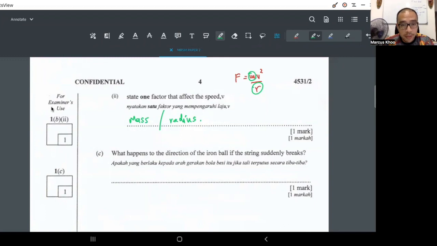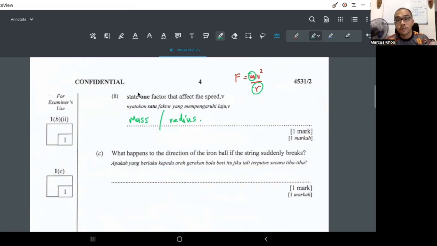Next, state what happens to the direction of the iron ball if the string suddenly breaks. Now this is also a question which actually I asked this before. I'm not sure whether it's me or Cheguhi, but we have asked this question before in one of your exams, either the trial exam or one of the online exams.